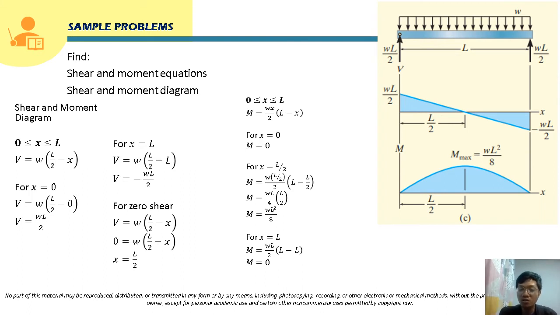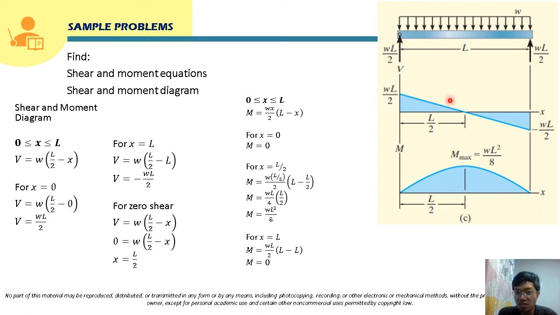So class, for shear, that is sloping downward. Okay, so this is sloping downward. So for this segment, the shear here, class, is sloping down, right?